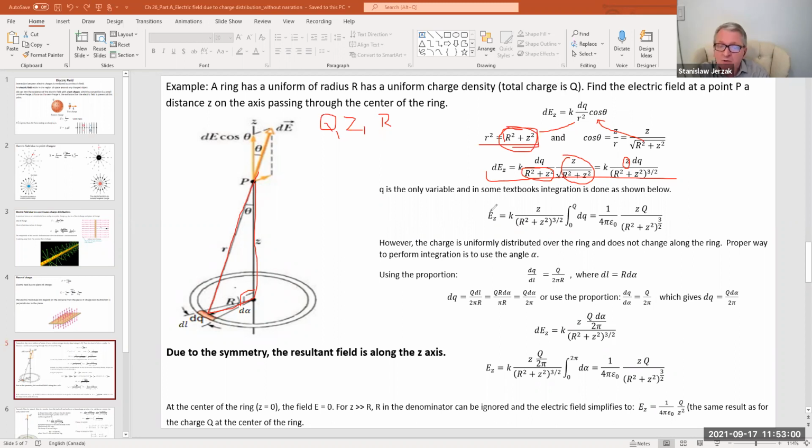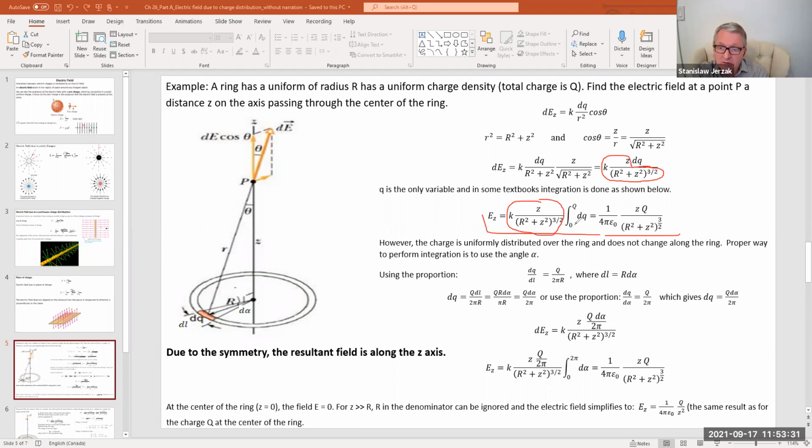Some of you would probably do what is done in many textbooks in physics: you find the total electric field by integrating this expression over the entire ring. And in many textbooks, this is written like this: because q is the only variable, you take all the constants, which are all of these, in front of the integral, and you integrate over dq.